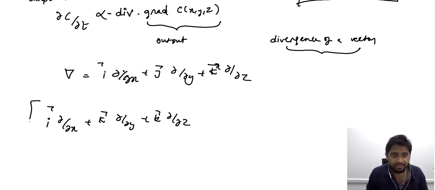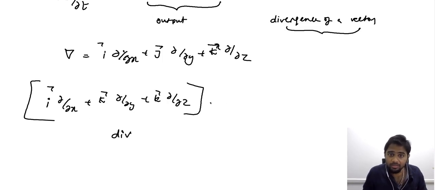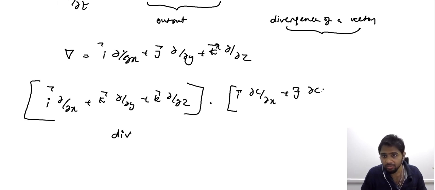This is the skeletal form of the divergence, and we are considering its dot product with the gradient of our concentration, which is i vector dou c by dou x plus j vector dou c by dou y plus k vector dou c by dou z.